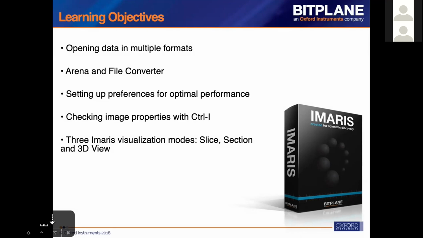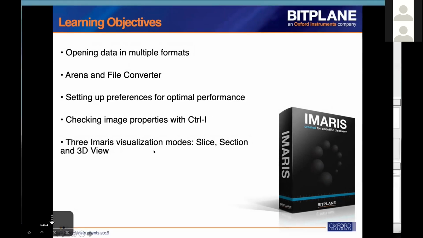We will also go through how to set up the preferences for optimal performance, and the image properties, as well as the visualization modes: slice mode, section mode, or 3D view. That is the topic we will go through in this one hour in the morning.